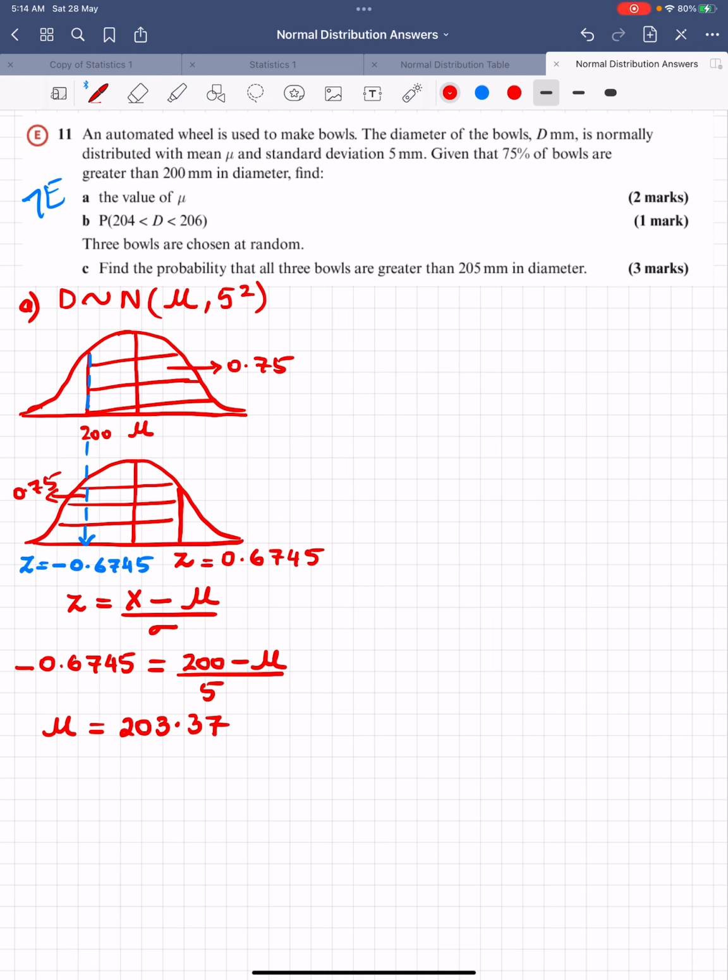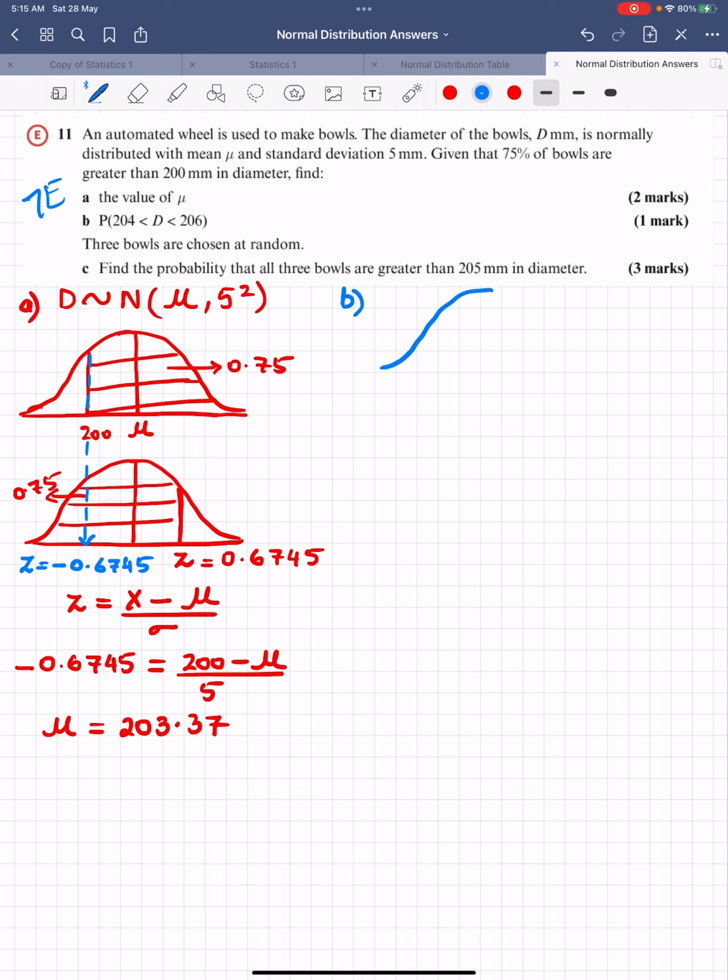Now question B: find the probability that the diameter is between 204 and 206.